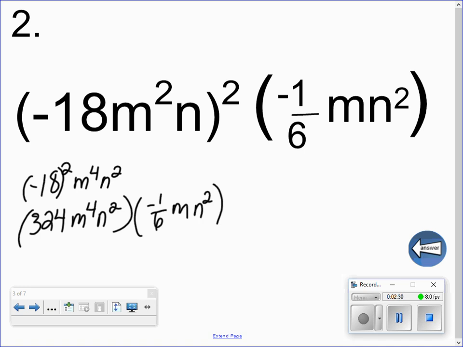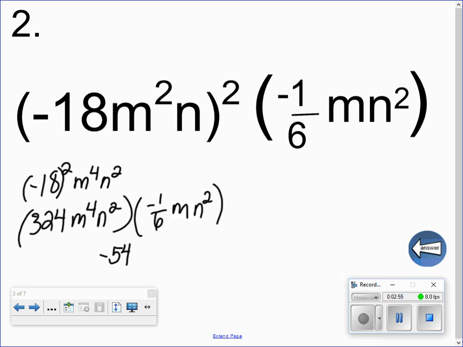So remember, we're going to multiply the coefficients together. So we're going to multiply 324 times negative 1/6, which would really just be the same thing as doing 324 divided by 6, which would give us negative 54, because 324 is positive, negative 1/6 is negative, and positive divided by negative is a negative.